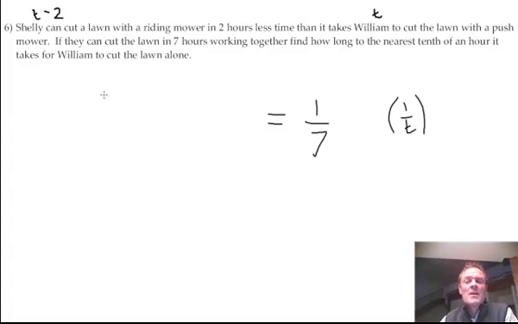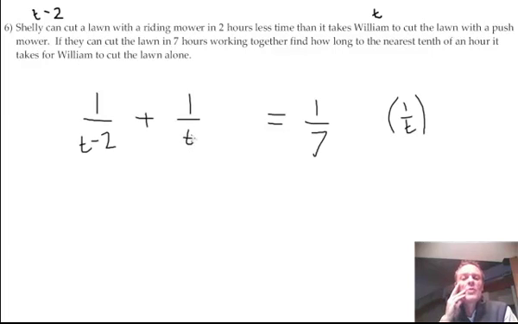Whereas before we knew how long it took them, so we did 1 over that. Well, now I'm just putting 1 over these. So Shelley, 1 over t minus 2, I don't know exactly how long, but I know it's 2 hours less than William. Plus, working together, William can do it in t hours, so again, 1 over t.